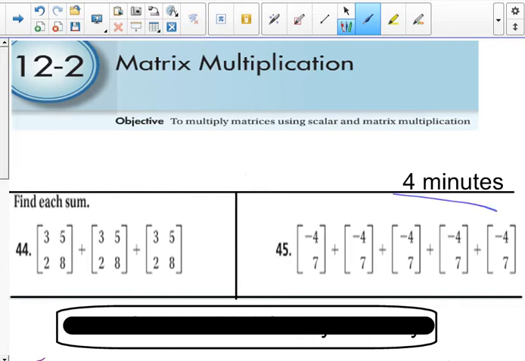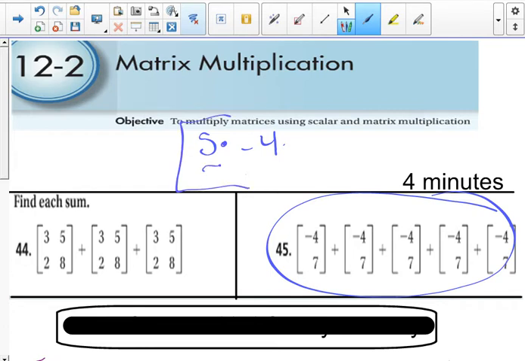Well, if we were going to rewrite 45 as scalar multiplication, how would we write that? -4 times 5. Let's put the multiple first. So that would be 5 times -4, and then 5 times 7. And that's it, right?